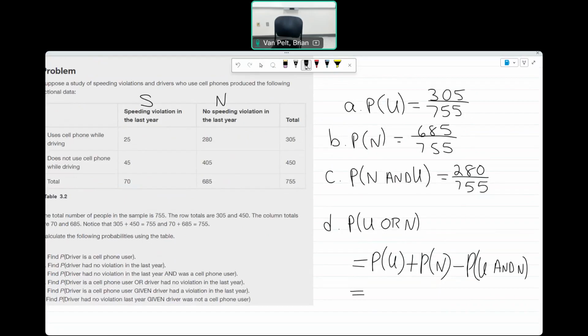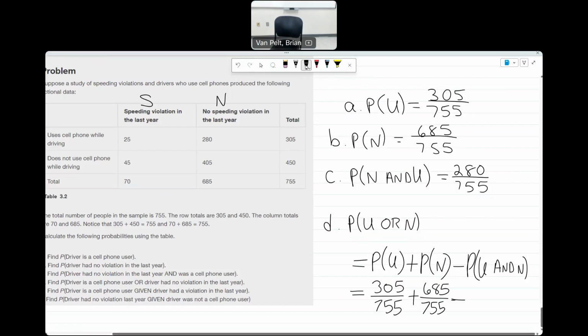So that was 305 out of 755. Now the N column is 685. And then we just did this one, that was 280 over 755. Notice this is going over 755, but when you subtract that off, it'll come back down.